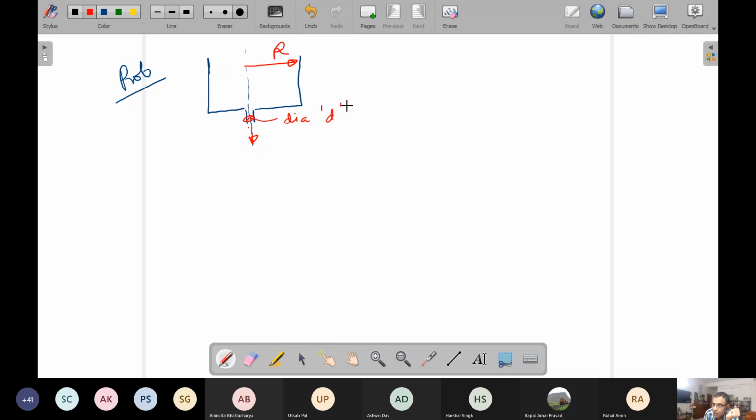It is coming out with some velocity which you do not know. So there are many things which are not known.